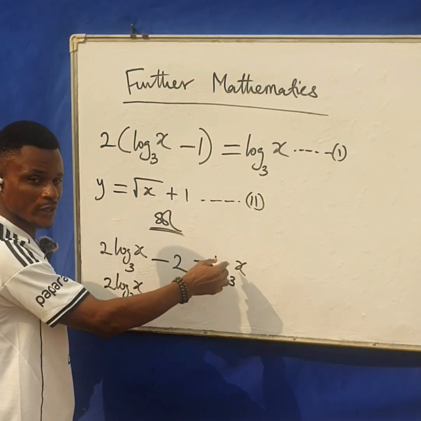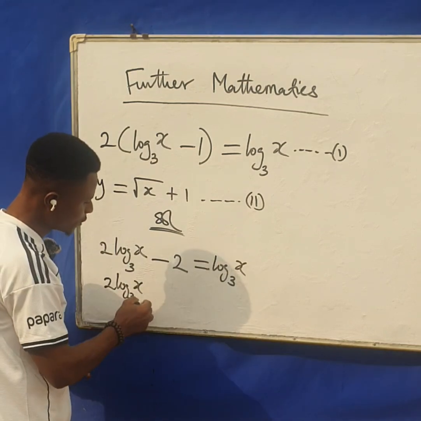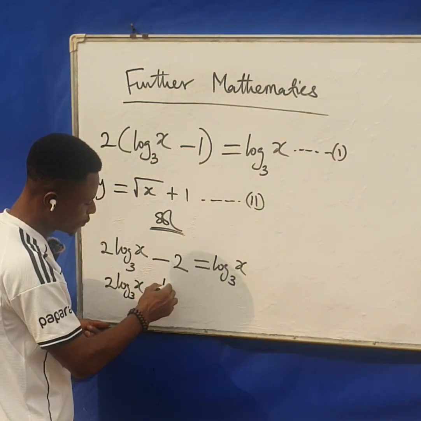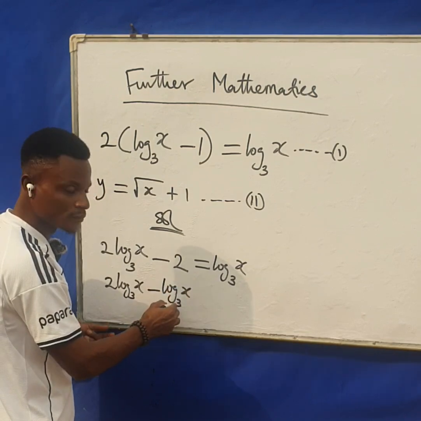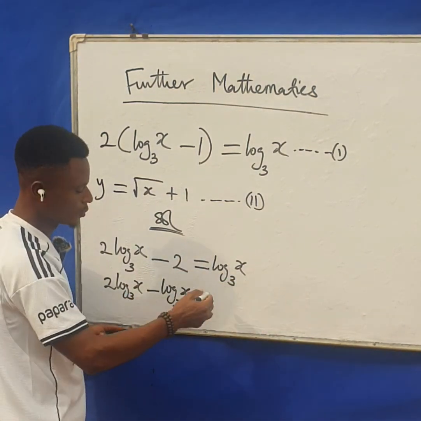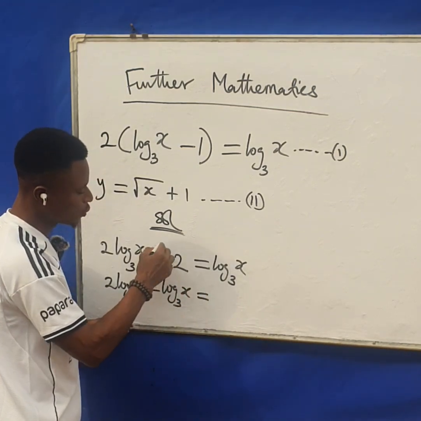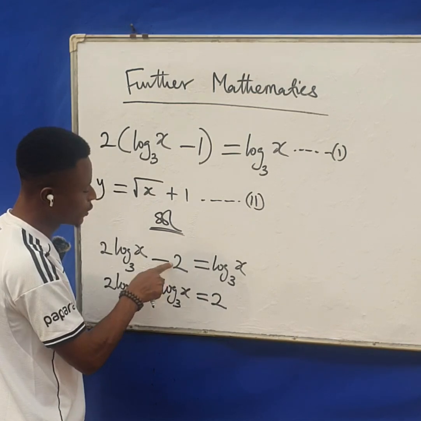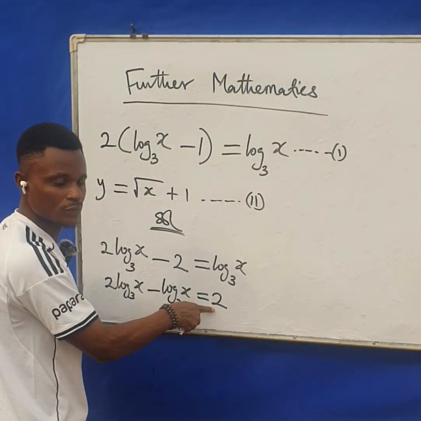This one has log x base 3 also, so we have to move it to this side. And when it crosses to this side, it changes to negative log x base 3. This 2 here doesn't have log x base 3, so it will move to the other side, and when it crosses to this side, it changes to positive 2. Are you getting me? To change from negative 2 to positive 2.